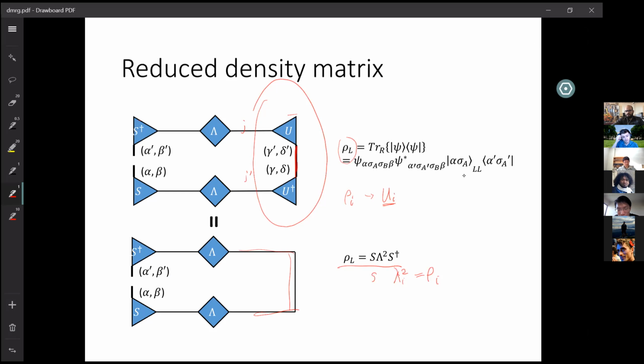People tell me that the DMRG is supposed to be getting rid of short range entanglement, right? So is that the same as getting rid of these small Schmidt eigenvalues? How to say that?